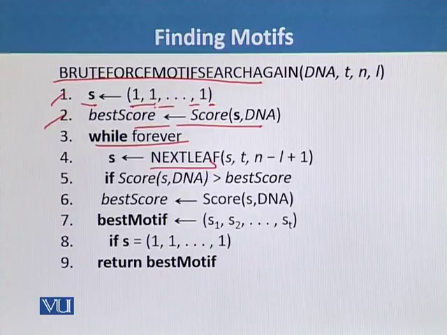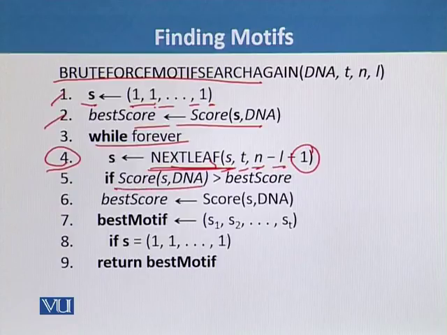It will move to the next step, and from step number 4, the next leaf algorithm we have already studied will start. And again we know the starting position is S, t is the number of DNA, n is the size of the motif, and L is the size of the DNA, and we will add 1 in the size of the DNA. I will move and we will see the best possible score.